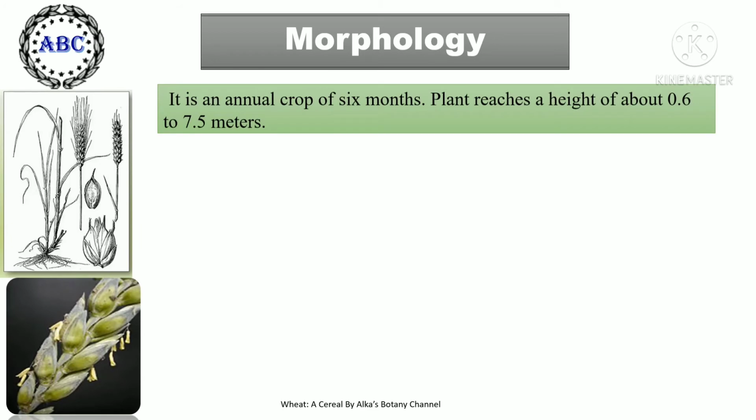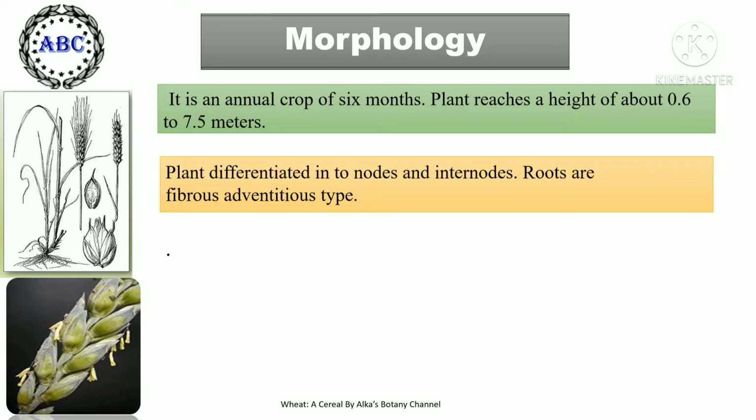In morphology, wheat is an annual crop of 6 months. The plant reaches a height of about 0.6 to 1.5 meters depending on the species. The plant is differentiated into nodes and internodes. Roots are fibrous, adventitious types.